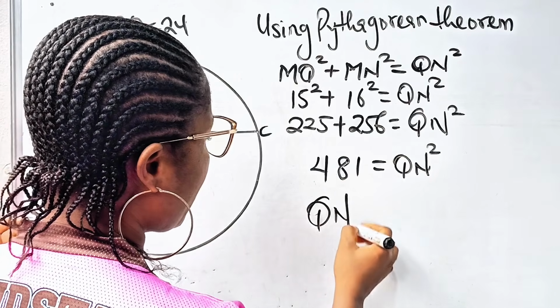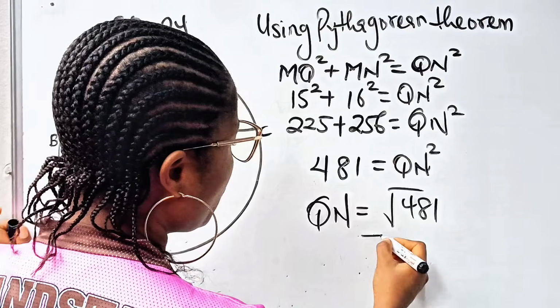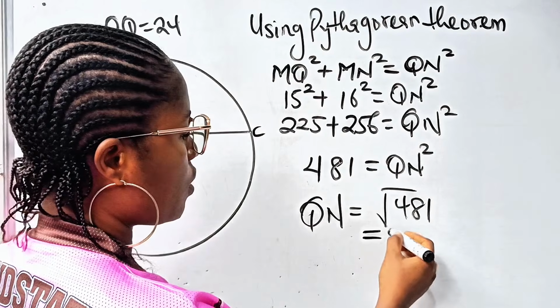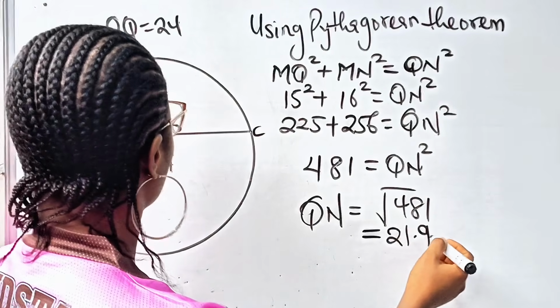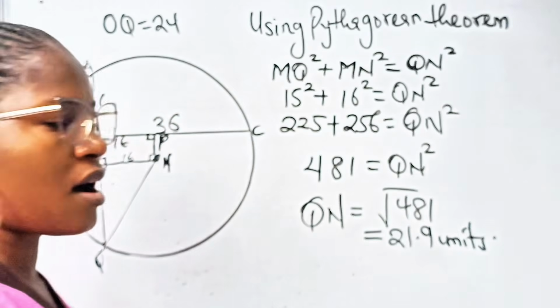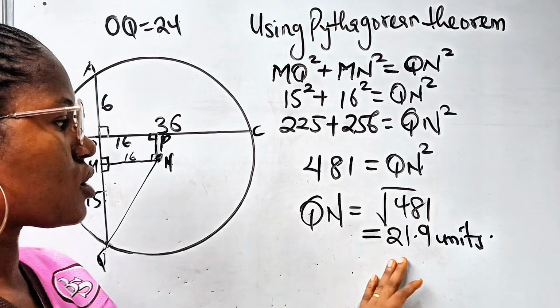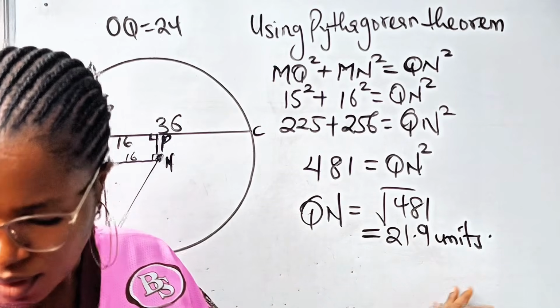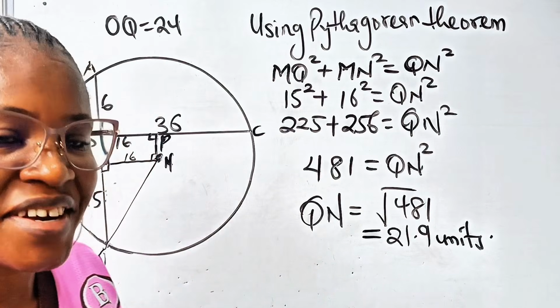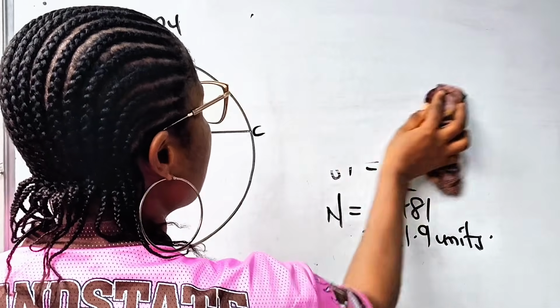So QN is equal to square root of 481, which is equal to 21.9 units, and this is our radius. Okay, so it means that our radius is 21.9.